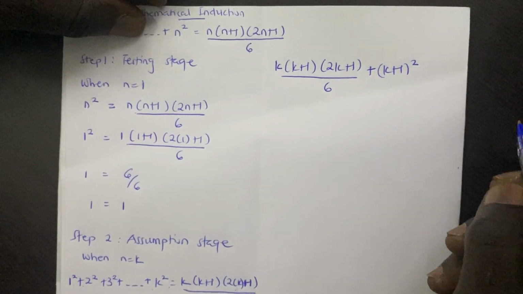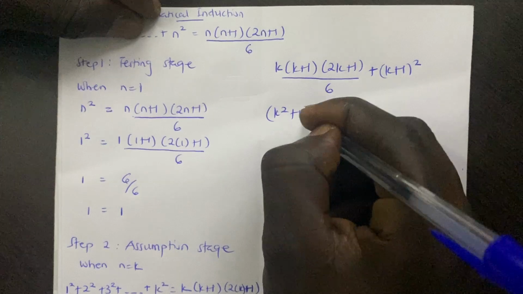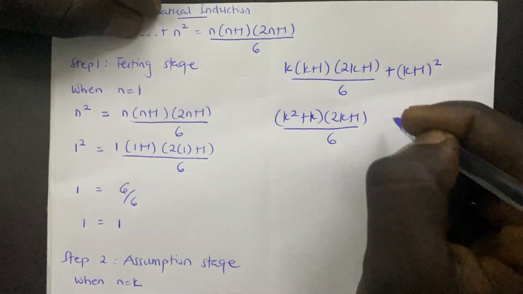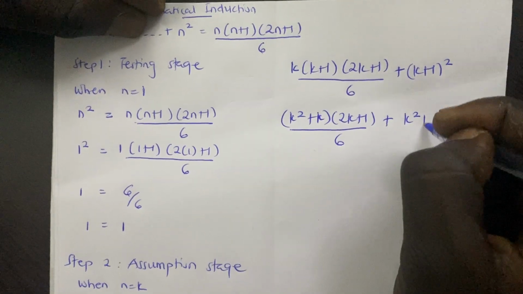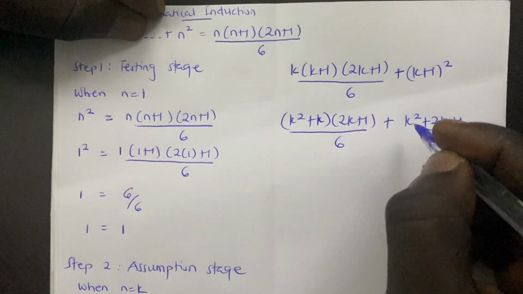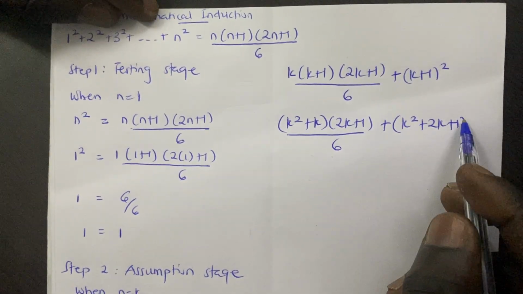So here we are going to just expand it. So here we are going to get (k squared plus k)(2k plus 1) on 6 plus k squared plus 2k plus 1. That's if we expand (k plus 1) squared, right? And here we can just find the LCM for this.